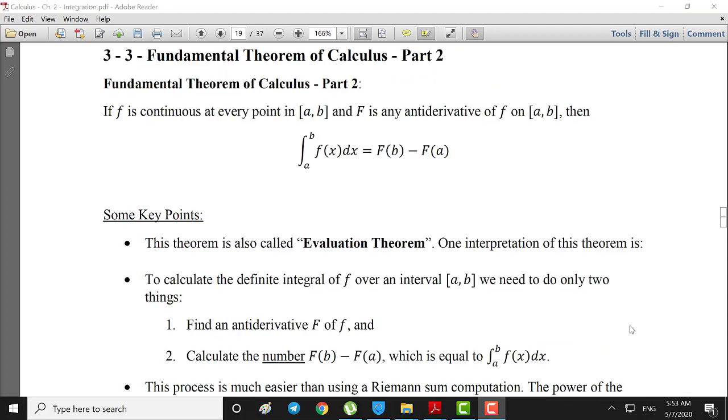So now we reach the second part of the fundamental theorem of calculus.